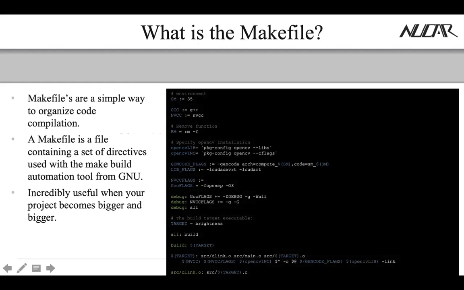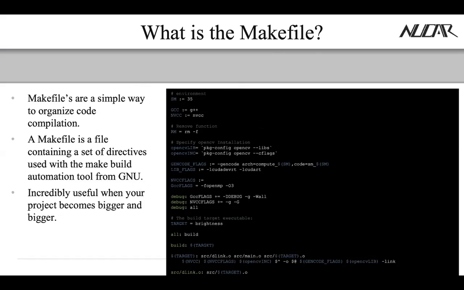A few things are important. Is there anyone here in the class who doesn't know what a makefile is? Anyone? I can explain what it does, because it's a useful thing. Basically, a makefile is a simple way to make code compilation easy.